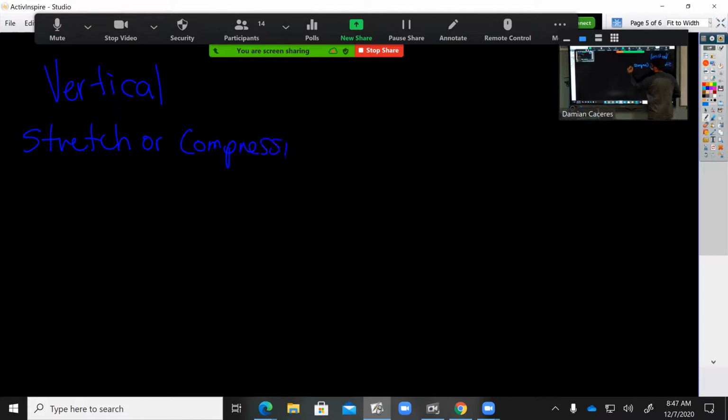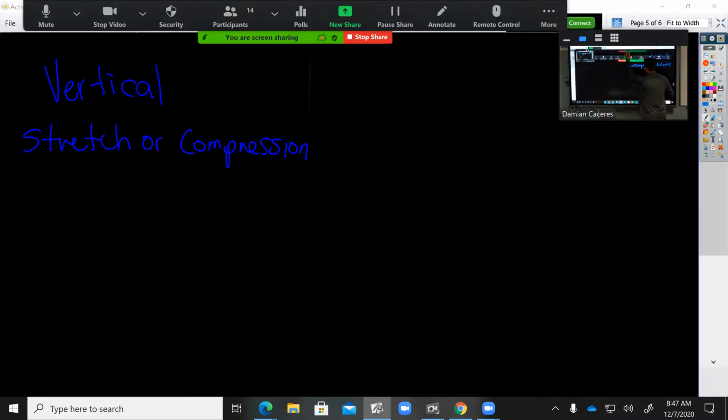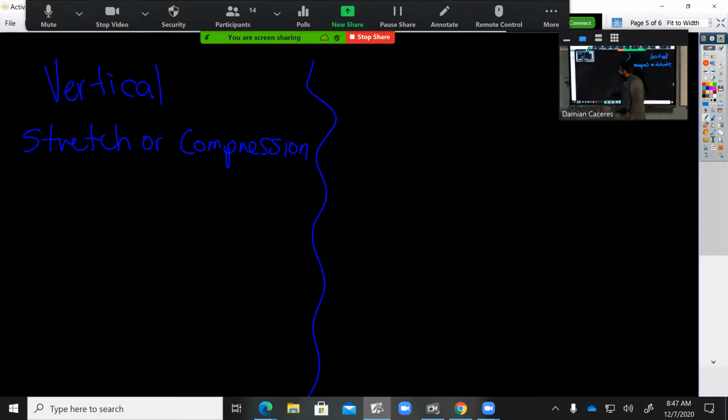Alright, now we get to the last one. The last section is vertical stretch or compression and horizontal stretch and compression.